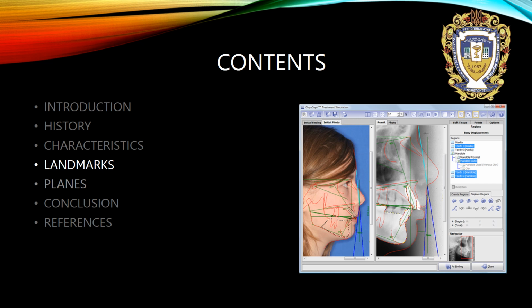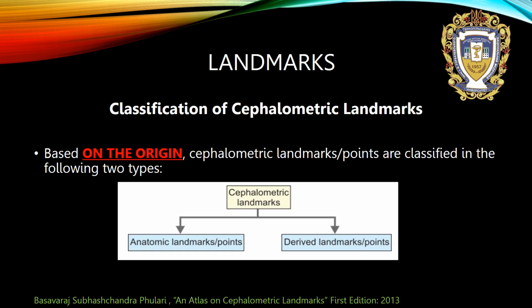And now, next chapter of our lecture, landmarks. How are landmarks classified? First classification is based on the origin. Cephalometric landmarks and points are classified into the following two types: anatomical landmarks and points, and derived landmarks and points.